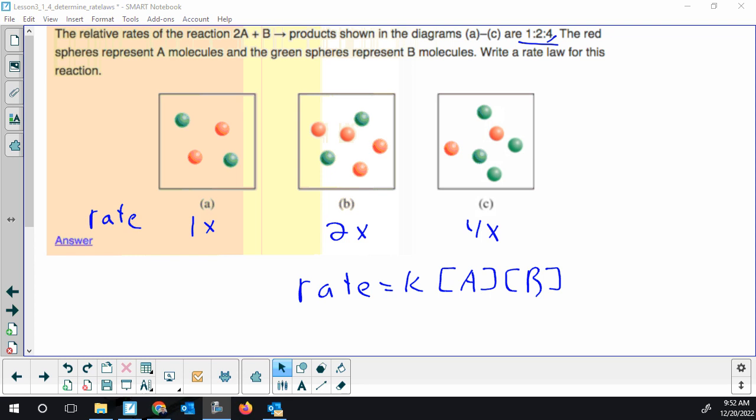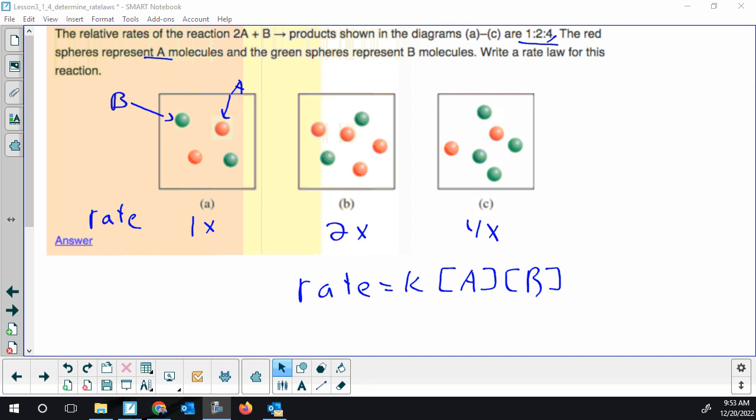So I'm just going to add in the color labeling. So red is A, and the green spheres are chemical B. Okay. So let's see if your thinking was right.